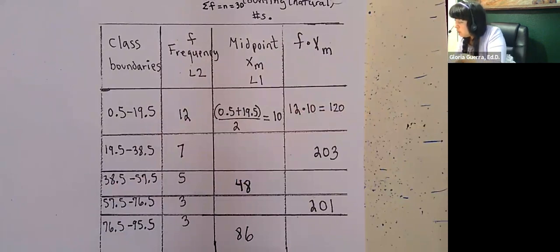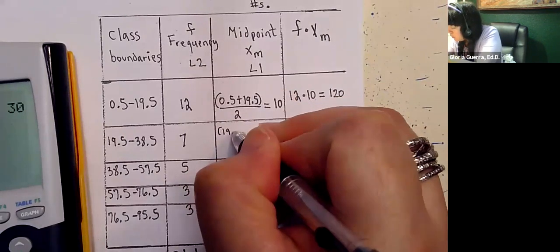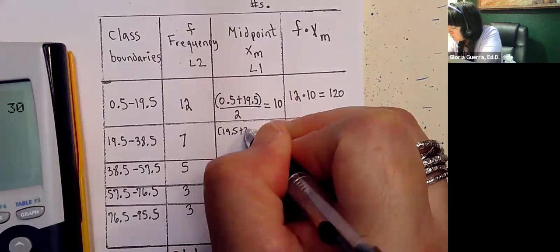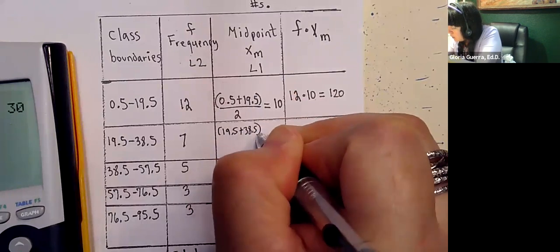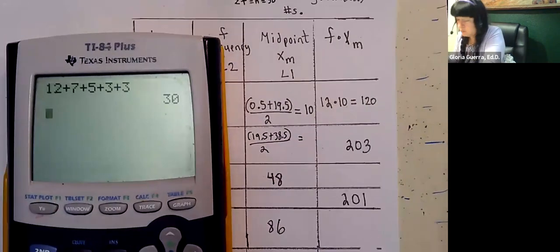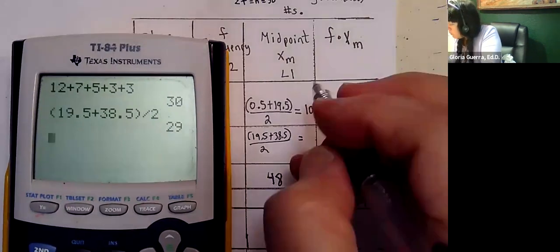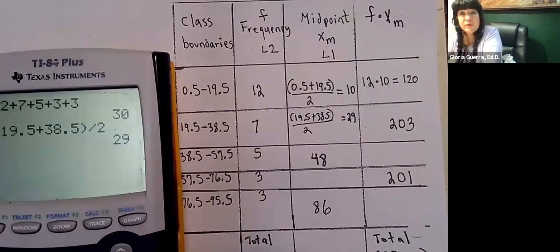Let me just do one more here. They're doing 19.5 plus 38.5, close parentheses, divided by 2, which gives you 29. And you see this one's already done, 48.